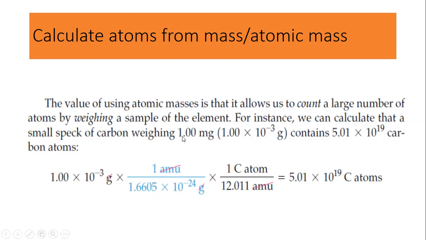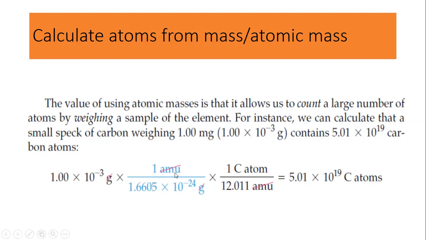Because this is the mass of carbon, one carbon atom will be equal to 12.011 atomic mass unit, as we have calculated in the previous slide. So again, I am putting it as a denominator here, and one carbon atom is the numerator, just to cancel out the AMU with the AMU.